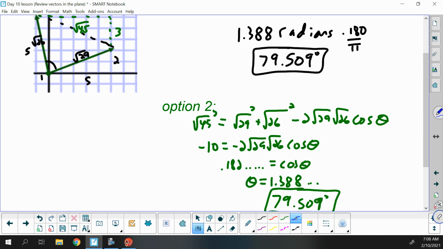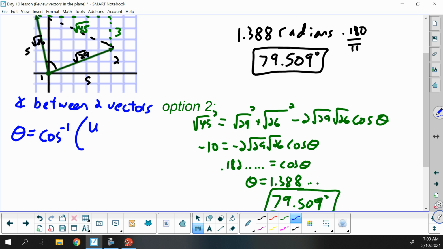Option 3 is something I think you saw last year. If you want to find the angle between two vectors, theta is always equal to cos inverse of u times v over the magnitude of u times the magnitude of v. So in this case, we would have cos inverse.